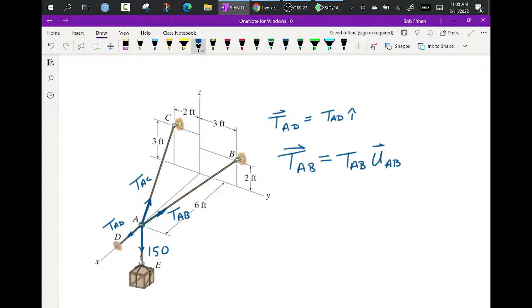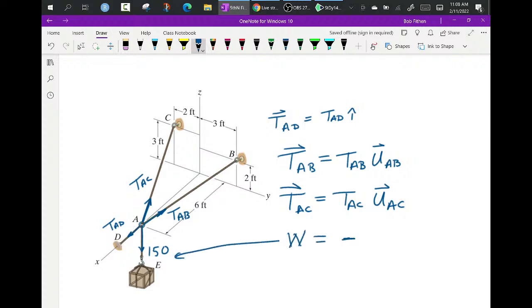In a minute, I'm going to move these over to the right and find each of these unit vectors. Then TAC is equal to the tension in AC times the unit vector that goes from A to C. And then of course the weight will be that one.